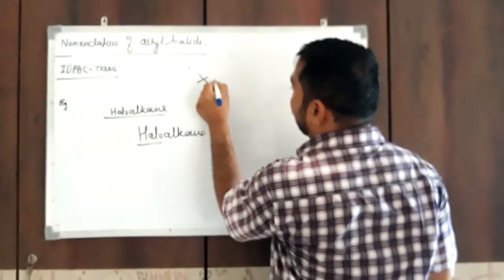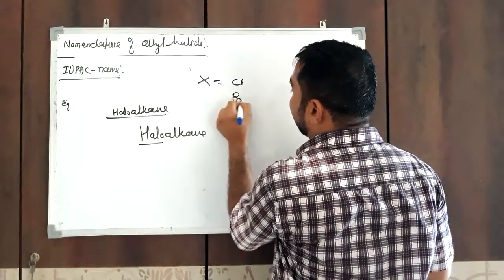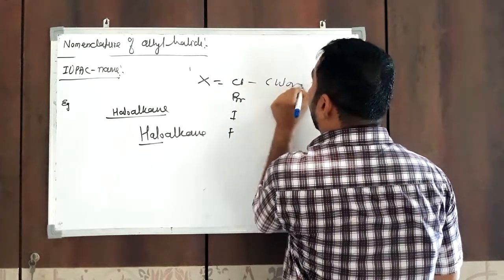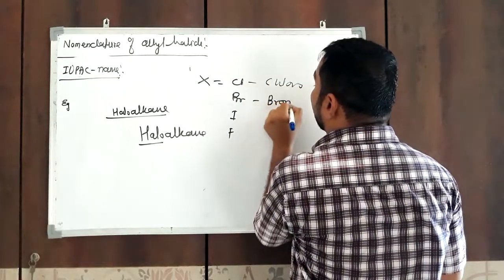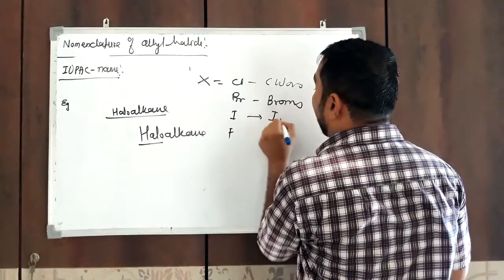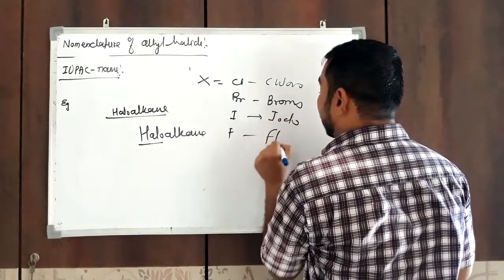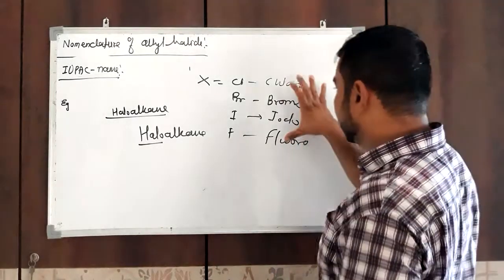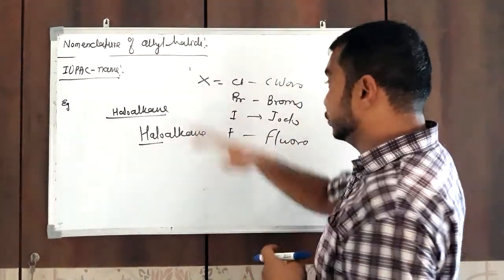Suppose chlorine, bromine, iodine, fluorine: chlorine is chloro, bromine is bromo, iodo, fluoro. So these are the prefixes used.